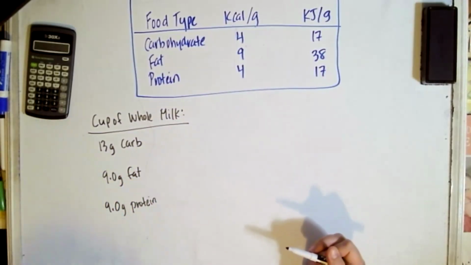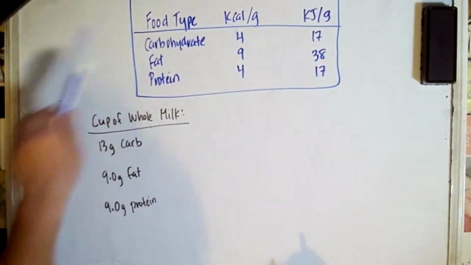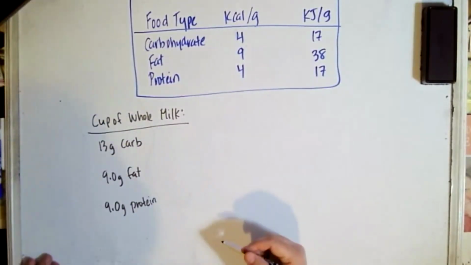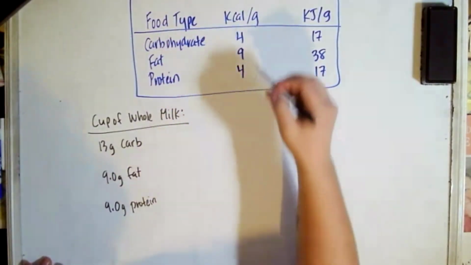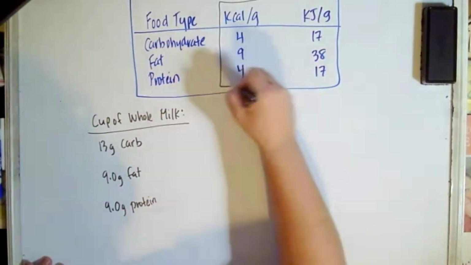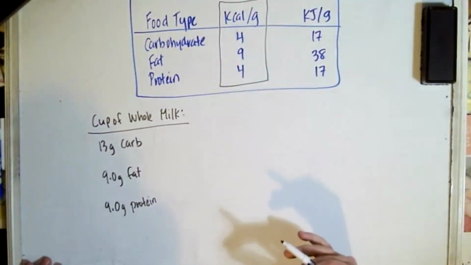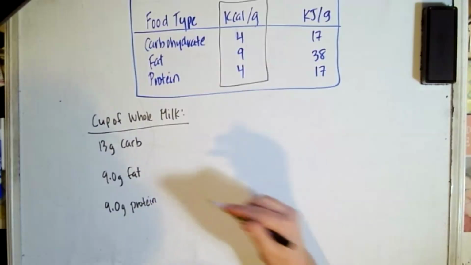Okay. Now, to calculate how much energy each of these components is going to contribute, I need to look at this question asks specifically for kilocalories. So I'm going to look at this column. And for each of these, I can write out an equality for each one. Okay.